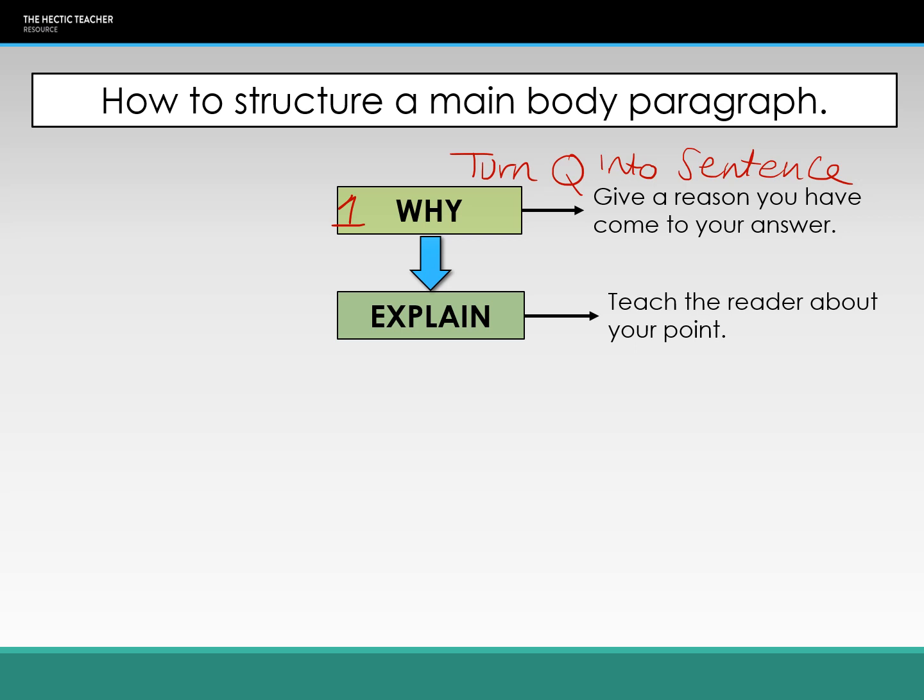You're going to teach the reader what this means. Okay, so here we're looking for about 3 sentences. Okay, you don't have a lot of time to go into massive amounts of detail in terms of how, like I would spend an entire lesson talking about a particular point. Here you have to be concise, but you have to show knowledge.